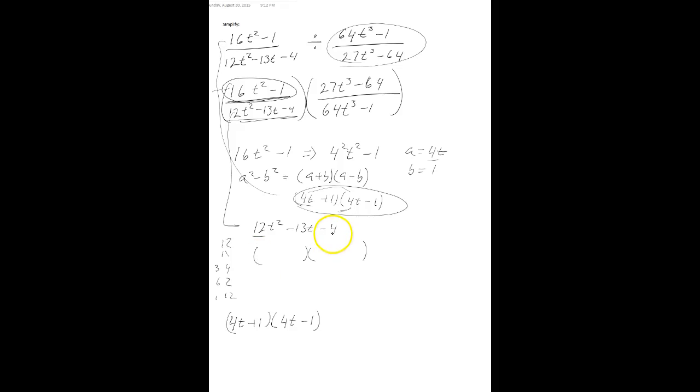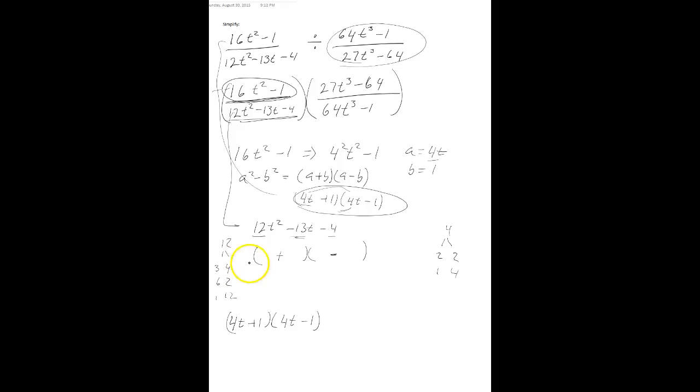And then the 4 over here is going to factor into 2 and 2 and 1 and 4. Well, look at it. We need a large negative 13 in the middle here. So one of these has to be plus, one has to be minus, because that's a negative, and the larger of the terms is going to be the negative term.